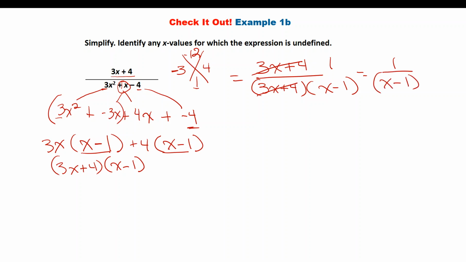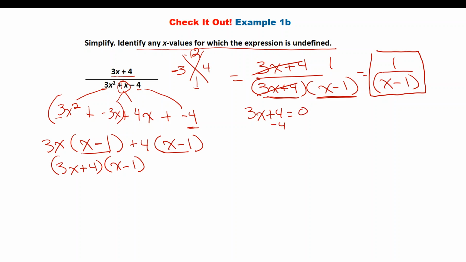Now, that's my simplified, and it says identify any x values for which the expression is undefined. So here's where you have to be really careful. Even though this is our simplified answer, we have to look over here to find the values for x which would make it undefined. In this case, let's set them both equal to 0 and solve.